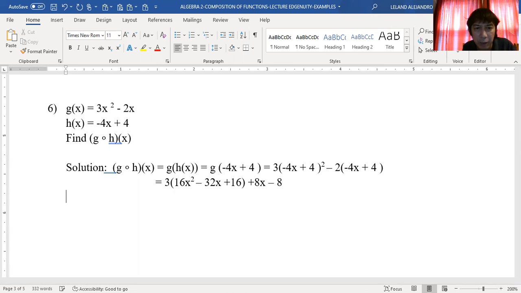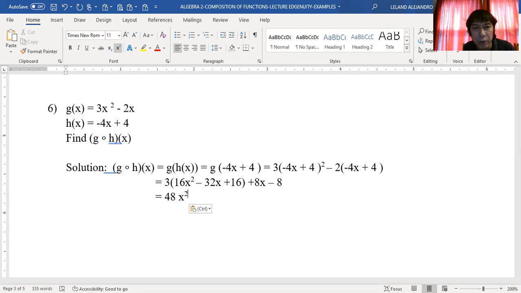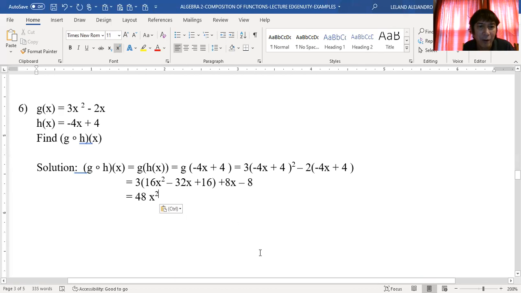Now we will multiply by the 3. What do we have here? This is 48x squared. So 48x squared, and then this will be followed by negative 96x.